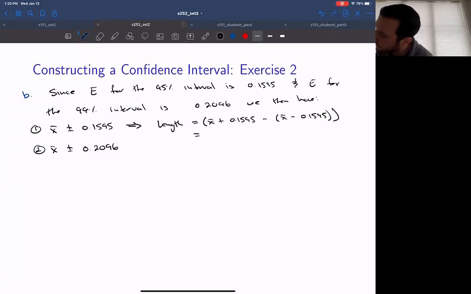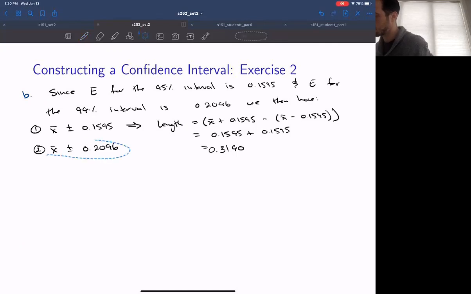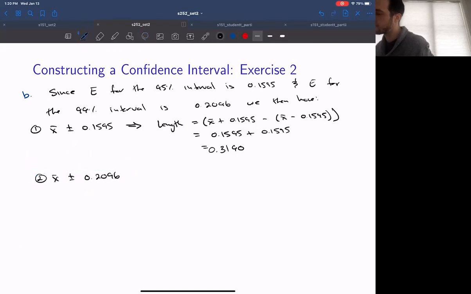So this is going to be 0.1595 plus 0.1595, which is equal to 0.319. And then what this shows us is that the length of a confidence interval is actually just 2 times the margin of error.